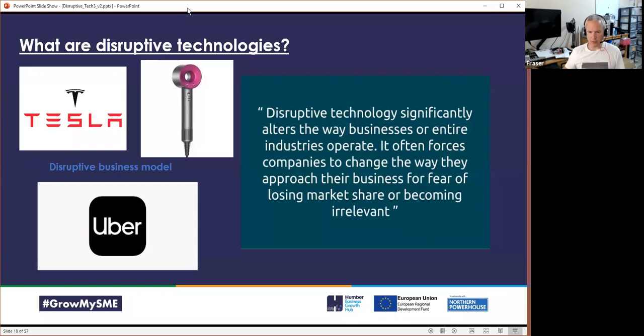You've got Dyson, who came in with the Cyclone and with the fanless hairdryer and the fanless fan, and they changed the way that people look at those consumer products. And you've got Uber, who really came in with a disruptive business model and said, look, taxis are going to be different now.